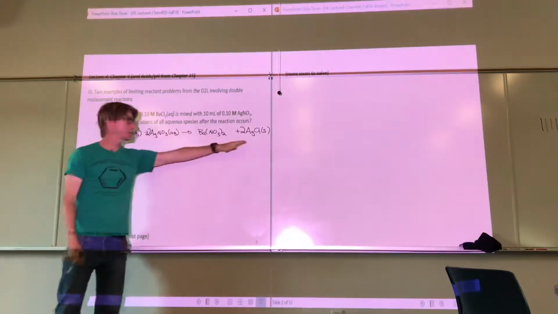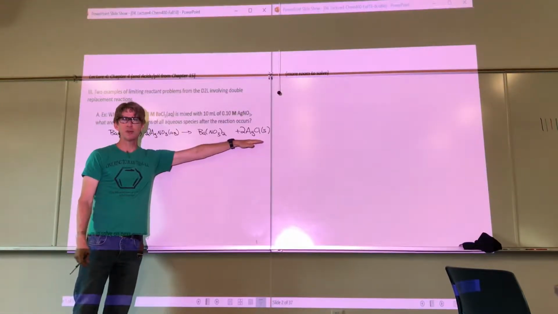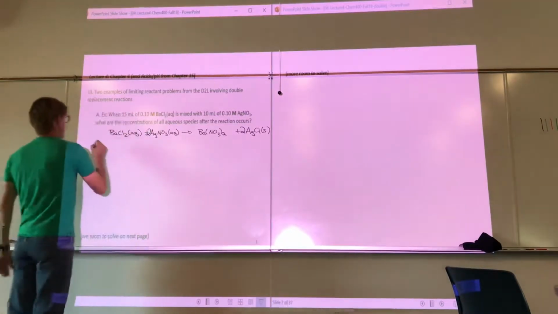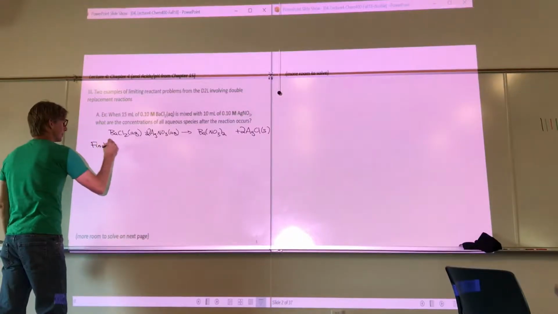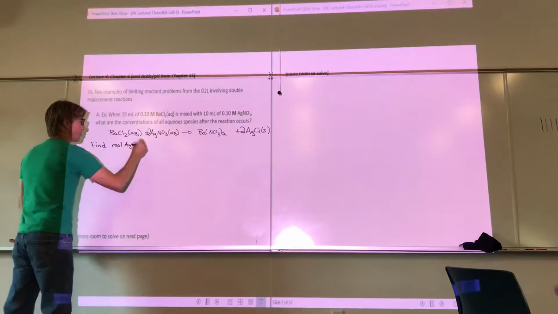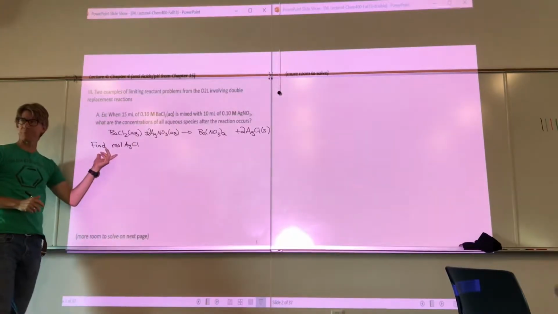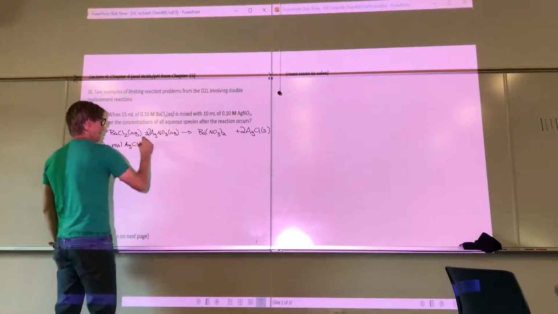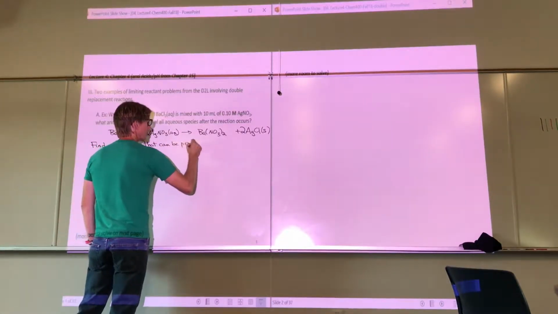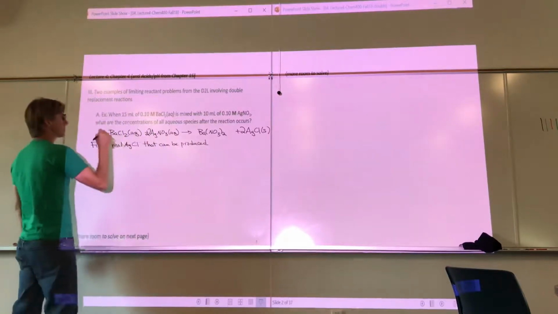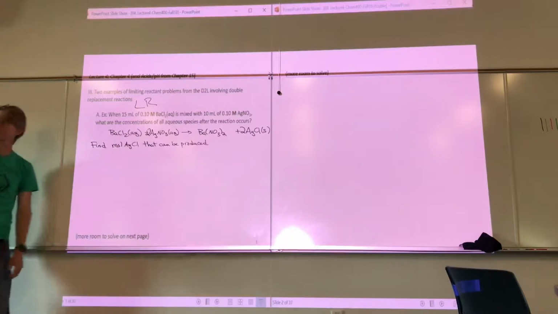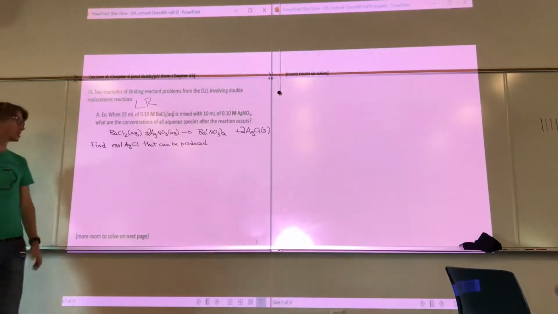To start this problem, I'm going to find the moles of silver chloride that can be produced. I'll put LR there because this is a limiting reactant problem, so I'm going to do it twice.